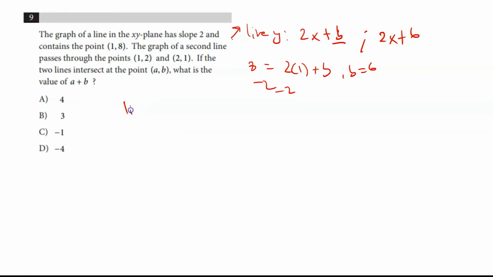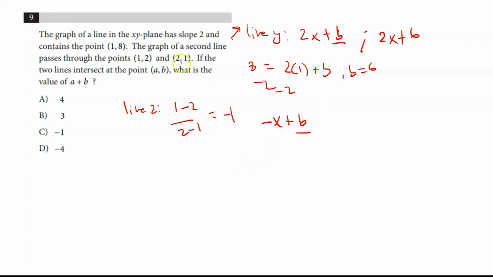Line 2, we're not given a slope immediately, just 2 points, but the slope is pretty easy to find using our rise over run formula. Doing so, we have 1 over 2 minus 1. Thus, our slope is negative 1. So we have a line of the form negative x plus b, where b, again, is the y-intercept.